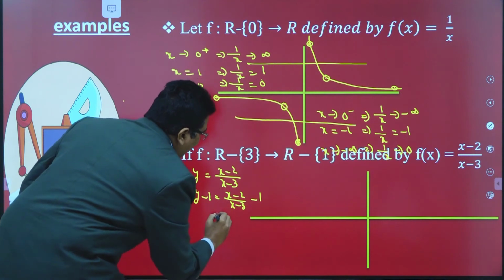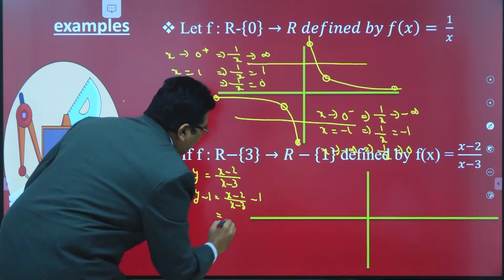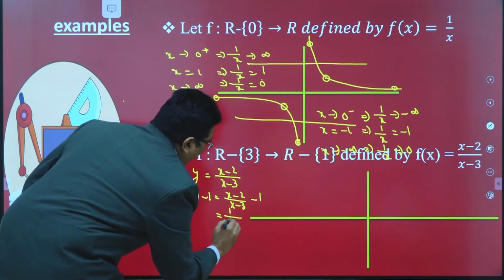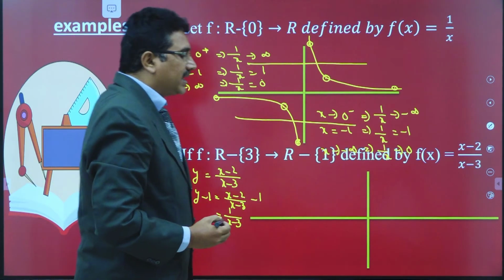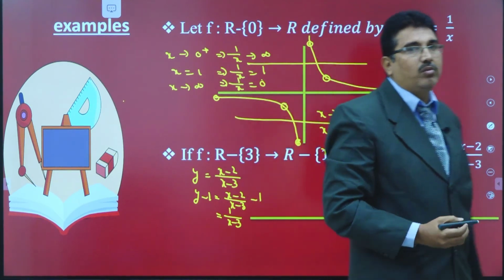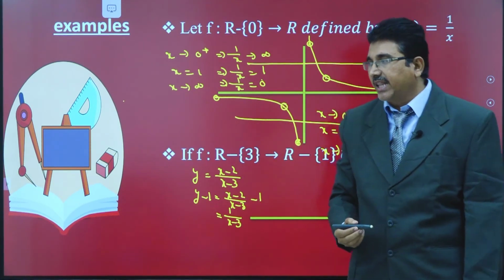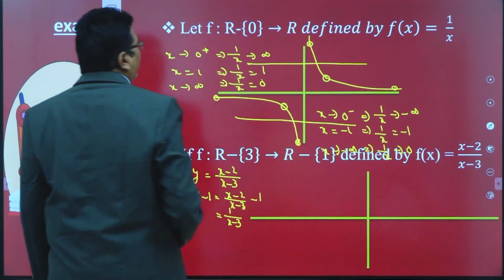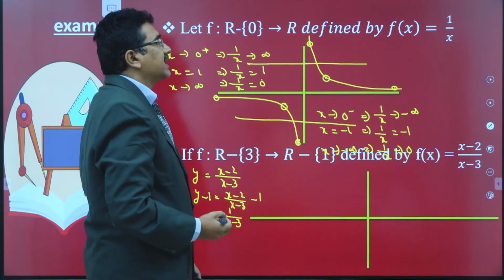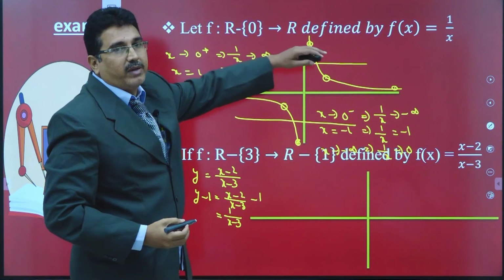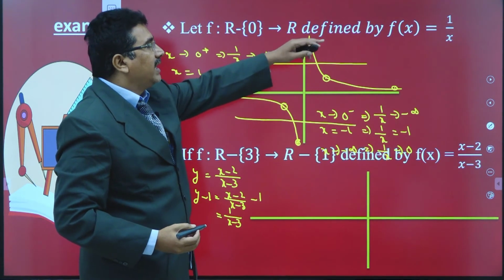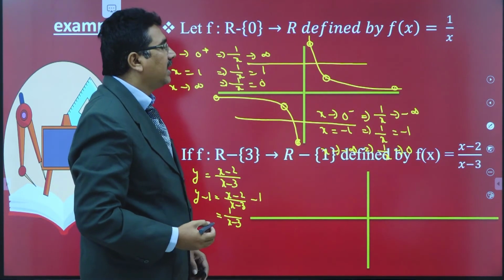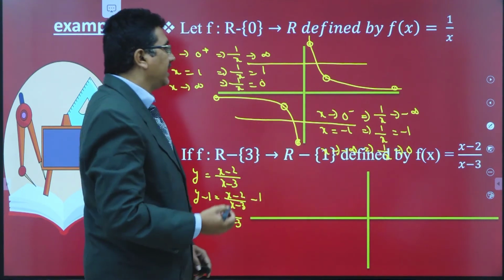By taking LCM, x gets cancelled, 1 by x minus 3. Now y minus 1 is equal to 1 by x minus 3. The graph of this function is the same as the graph of the function f of x is equal to 1 by x, but there is some difference.